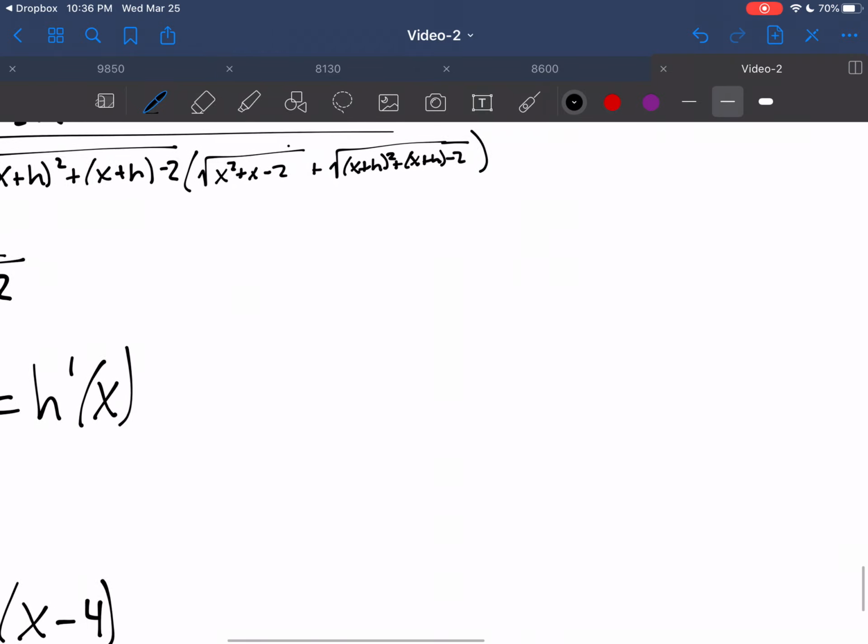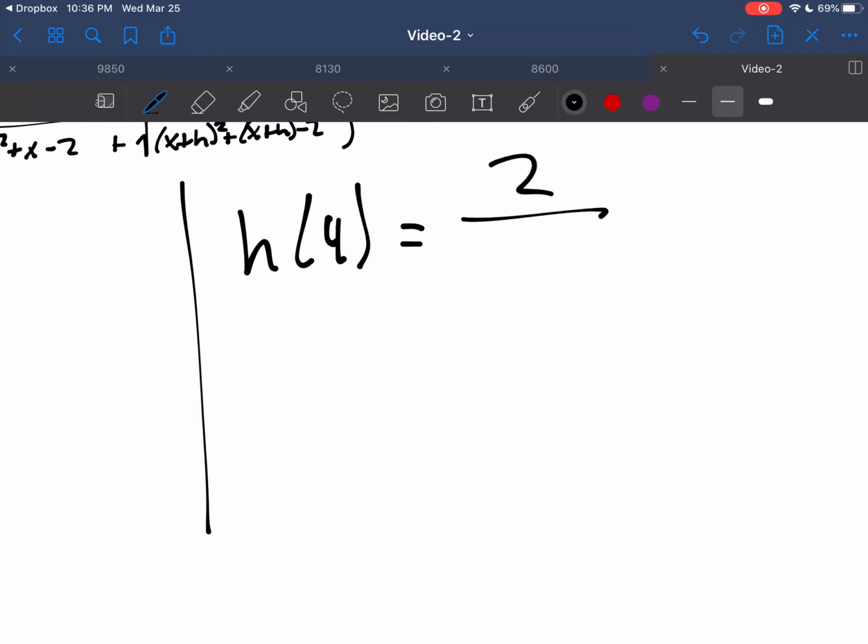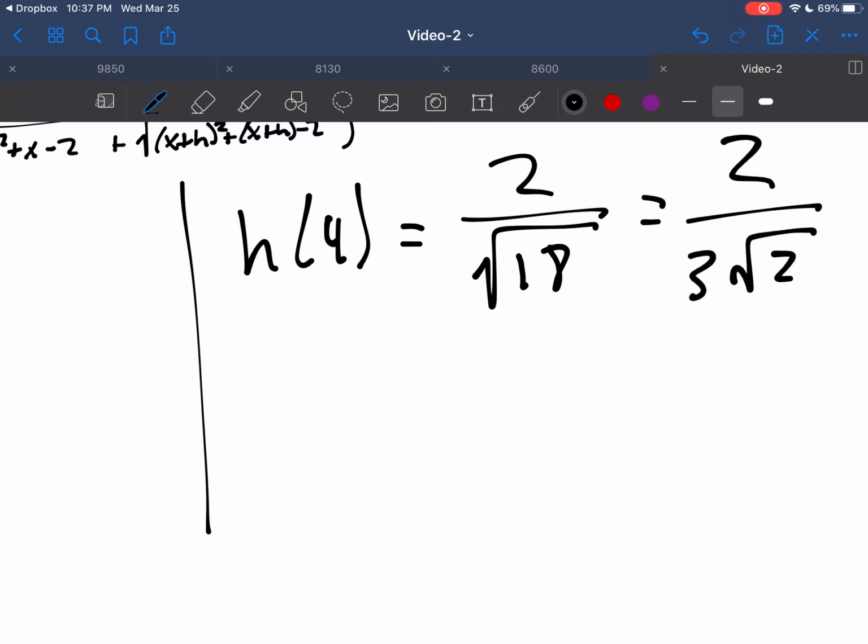Okay, and so we can come over to the side here and do h of 4 will just be 4 plugged into our original function, which that simplifies. Okay, and then we can plug it into the derivative.